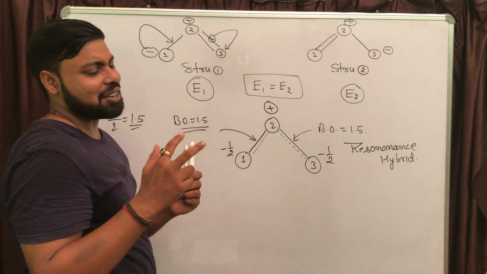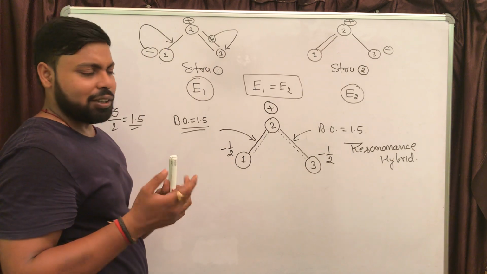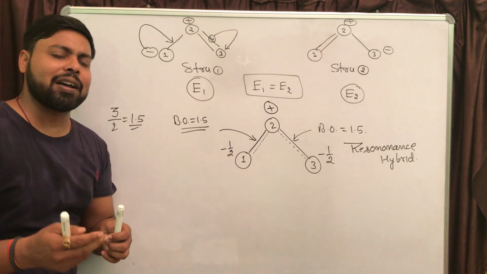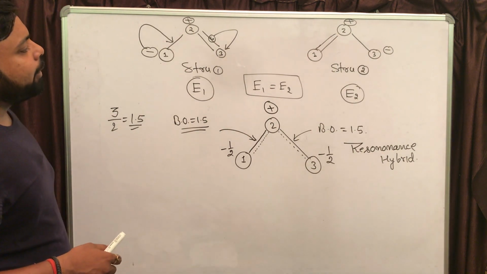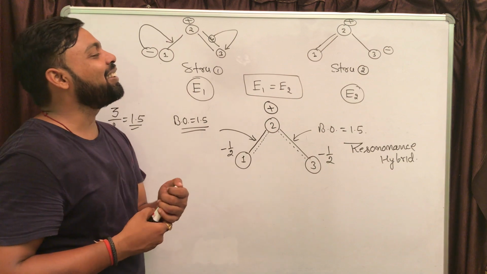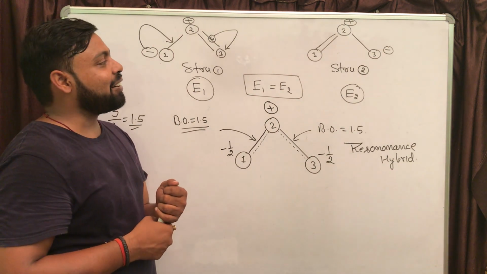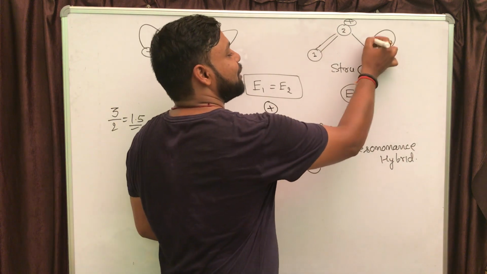A positive charge and a negative charge appearing on adjacent atoms will combine to form the pi bond if they are already sigma bonded, right? So the important point that I want to say is that in many books or materials they are saying that in a similar way you can represent it here also.